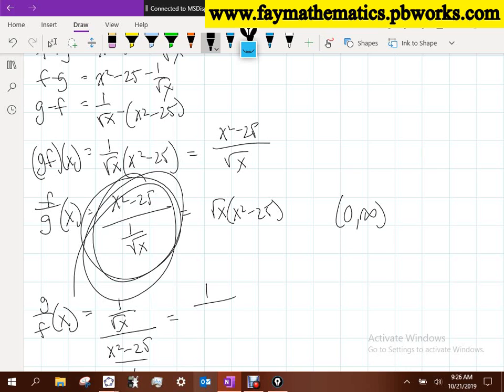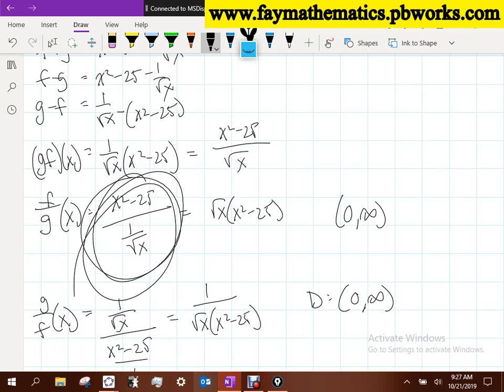So it becomes 1 over root x times x squared minus 25. Okay, so the domain should still be 0 to infinity, right? Because we say the domain has to be A intersect B. So that has to be the same as the domain for f plus g, f minus g, g minus f, all that kind of stuff.